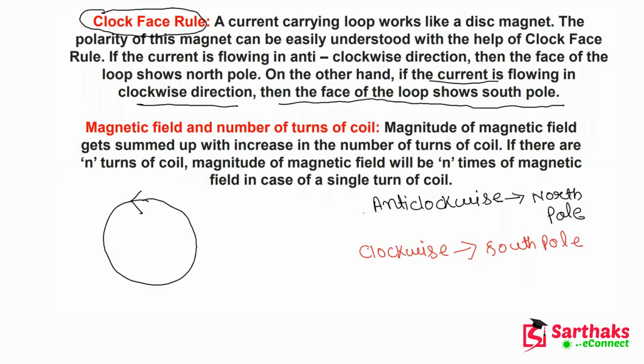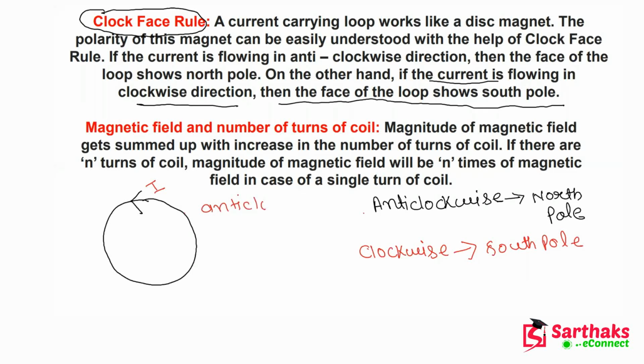Let's suppose this is the direction of current in a circular loop. Now let me ask you: is the current here anti-clockwise or clockwise? This is a question for you.